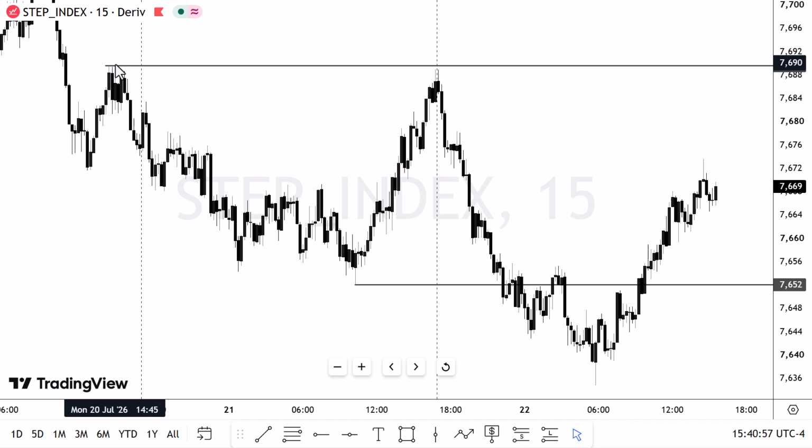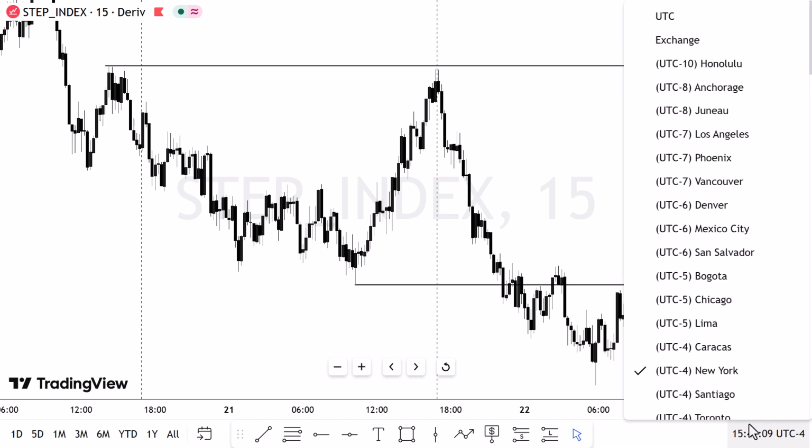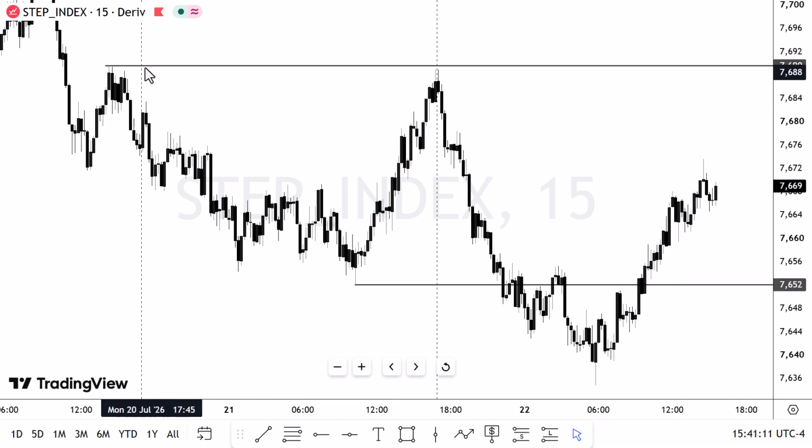And by the way, this horizontal line is anchored to Monday's PM session, 2:00 hour. Now I have my time zone set to New York, always in New York. So this high is Monday's PM session.